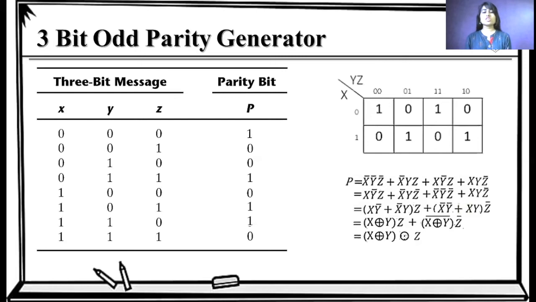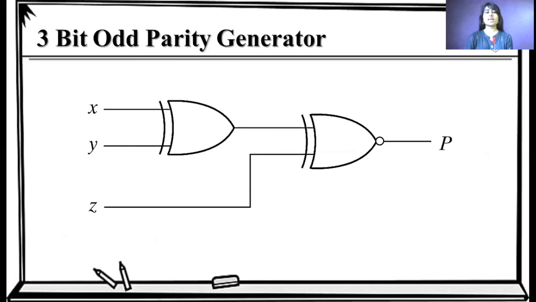This equation can be converted into this form: x XOR y, and this x XOR y is XNORed with z. So this is how we can generate a 3-bit odd parity generator. Here we have a logical diagram for the odd parity generator: X and Y XOR, then Z XNOR. So we have a 3-bit odd parity generator.